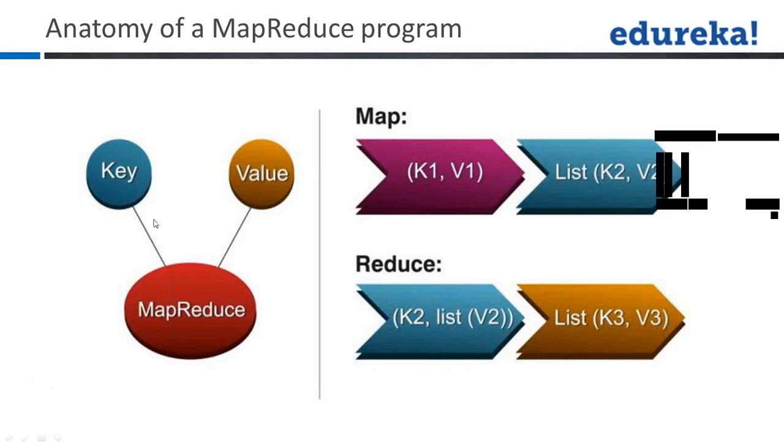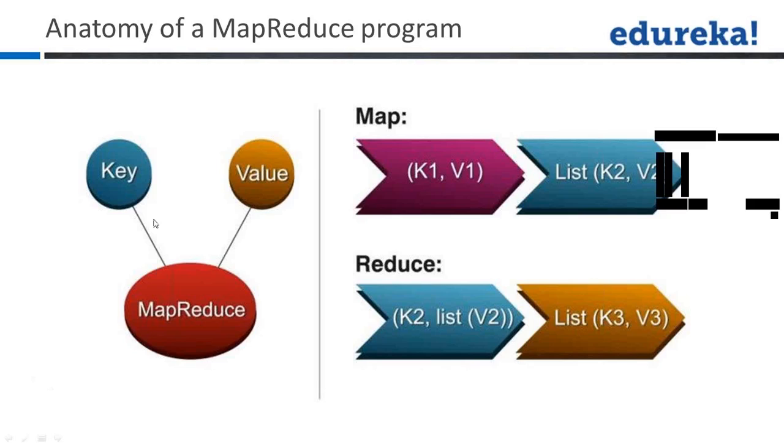The first thing we need to do is extract key values from the data which we had, which means that if some year comes with some temperature, that year may come multiple times and the temperature may come multiple times.